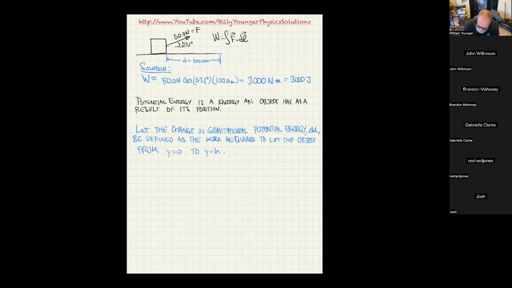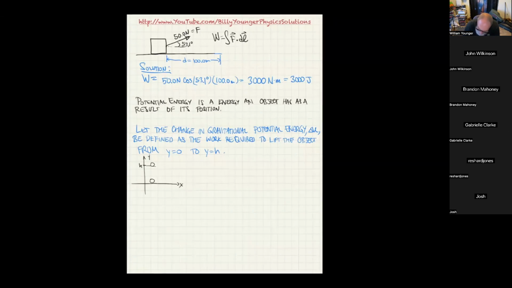So now if I look at that, here's my x-axis, here's my y-axis, the object's going from here to here, and this height is h.